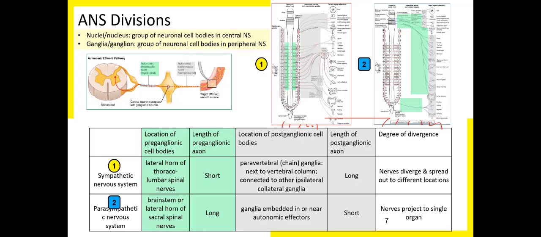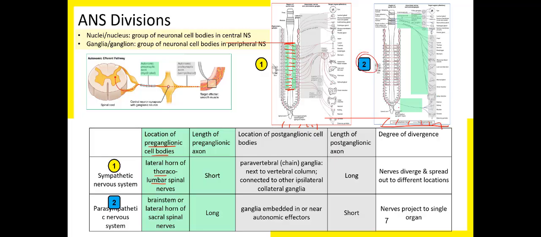When we look at where the cell bodies of the preganglionic neurons are, in the sympathetic nervous system they come off the thoracic to the lumbar portion of the spinal cord, from the lateral horn of the thoracolumbar spinal nerves.